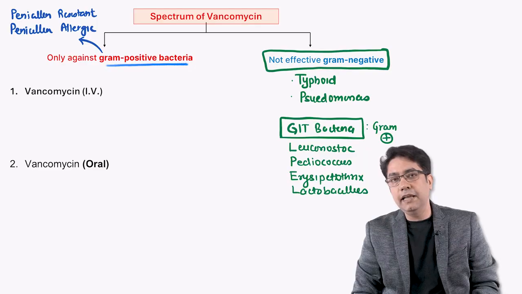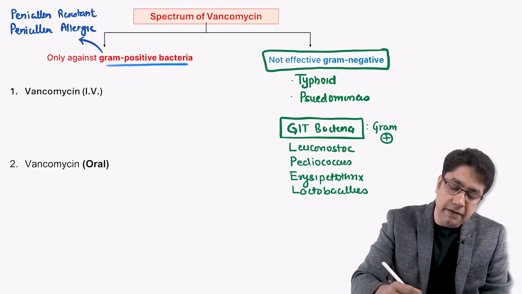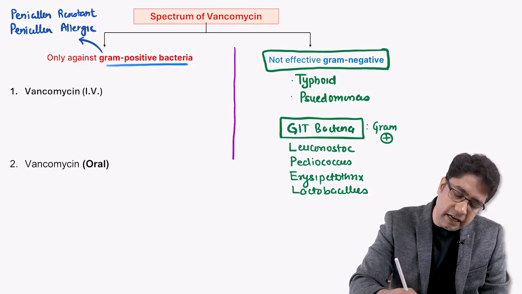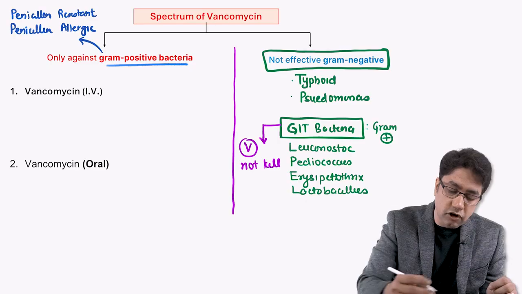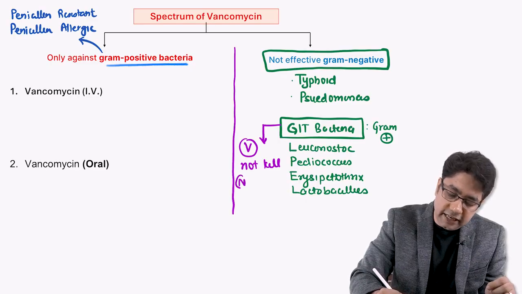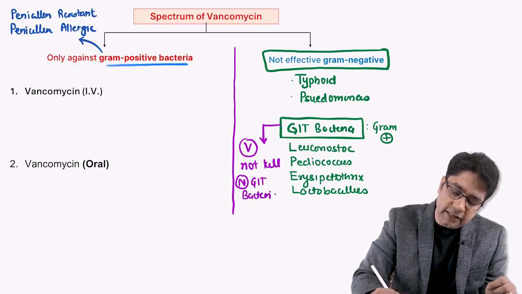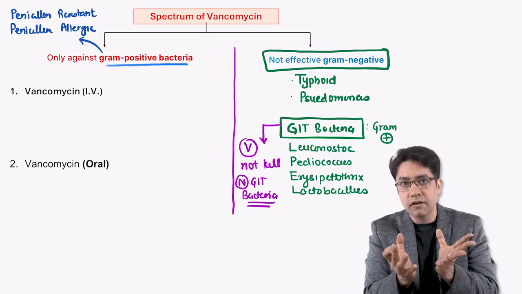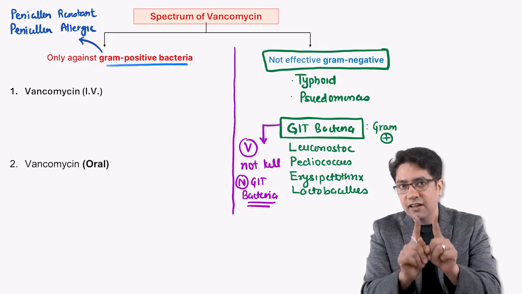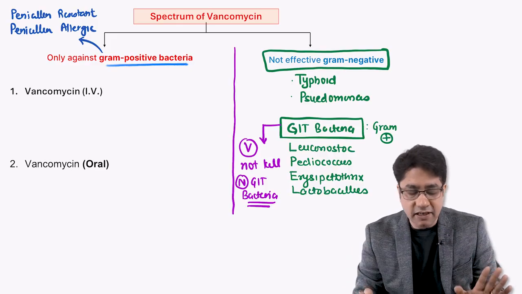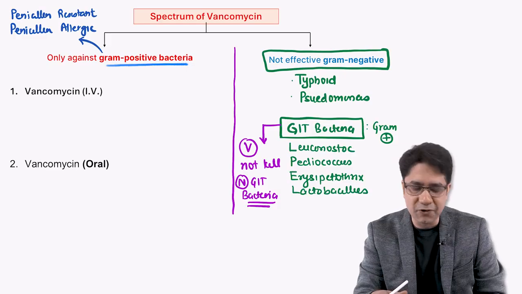Now, these GIT bacteria, which are gram-positive bacteria, are not killed by vancomycin. Can we say that vancomycin does not kill normal GIT bacteria? So the normal GIT bacteria or GIT microbiome which is present in our body, the good bacteria, are not killed by vancomycin.